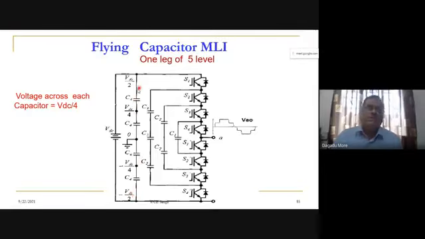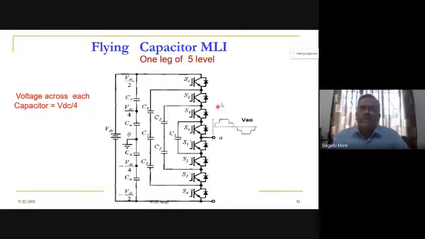If you see here, a capacitor is named C4. All these 4 capacitors are of equal magnitude. They are connected in series, 4 capacitors across the VDC voltage. So each capacitor voltage will be VDC by 4.